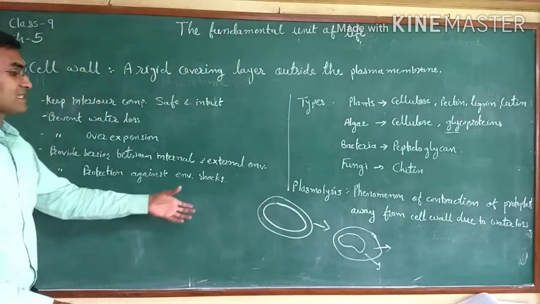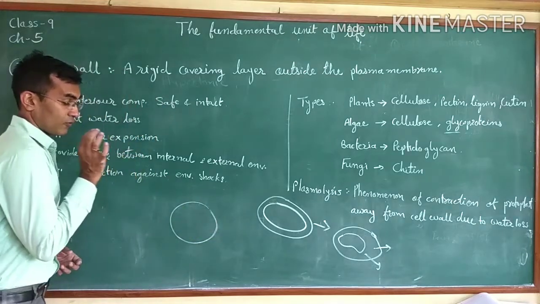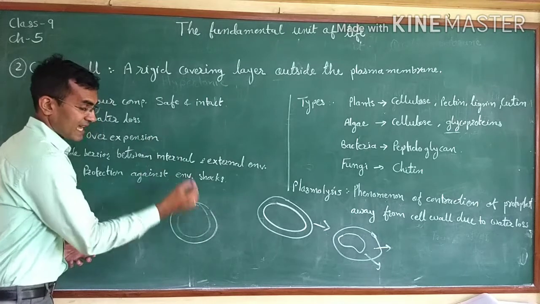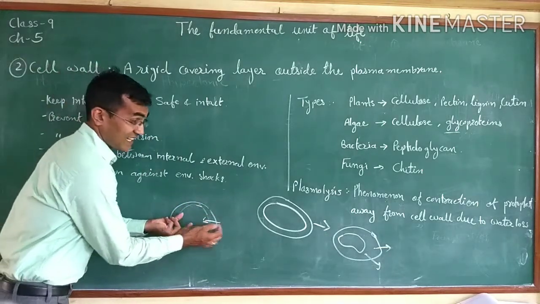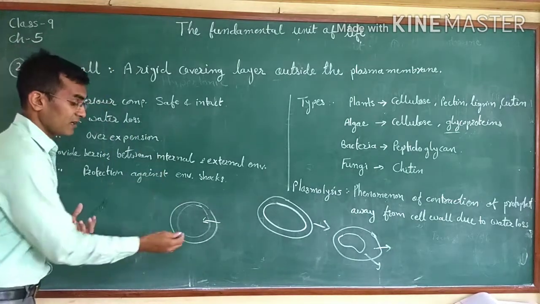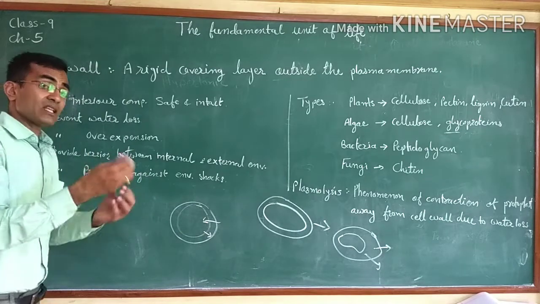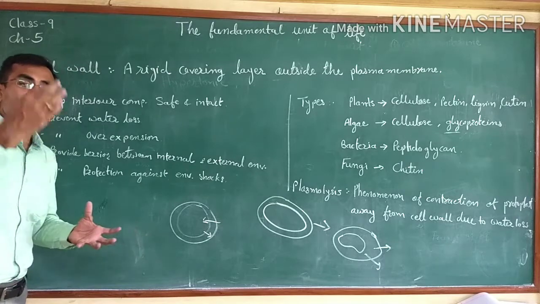And if we keep these cells into a higher water concentration, then what will happen? The cell will take in water and the content will expand. If the water concentration is higher, it will start expanding. But in a cell without a cell wall, what will happen? The cell will burst at one particular time.